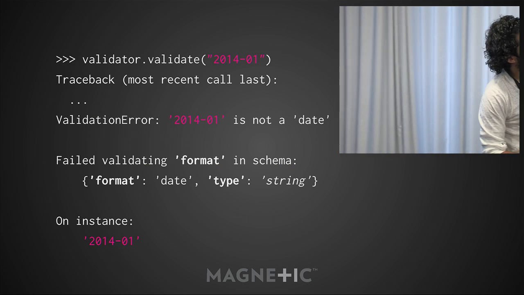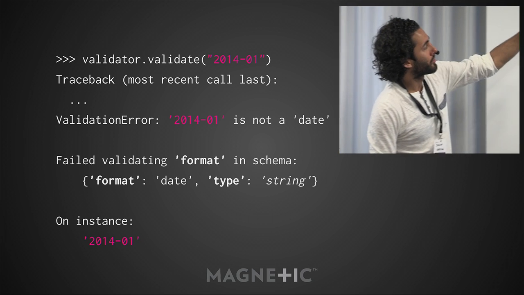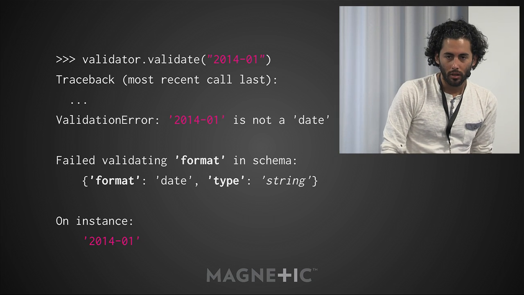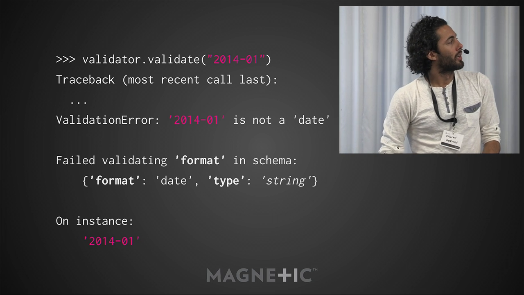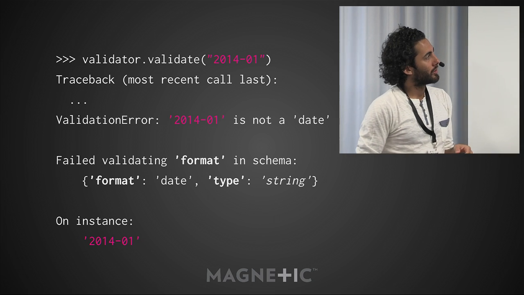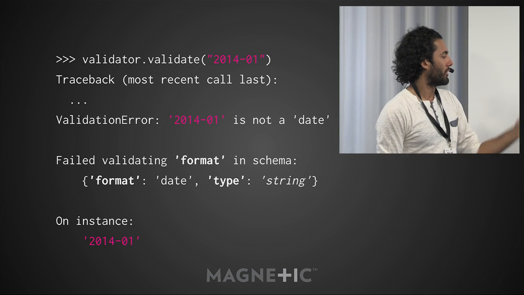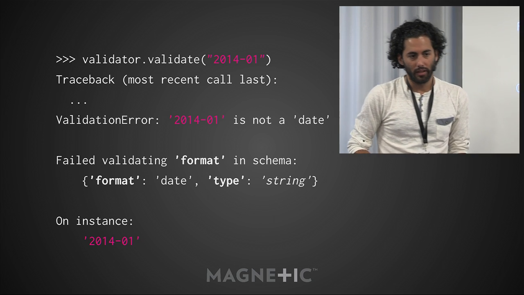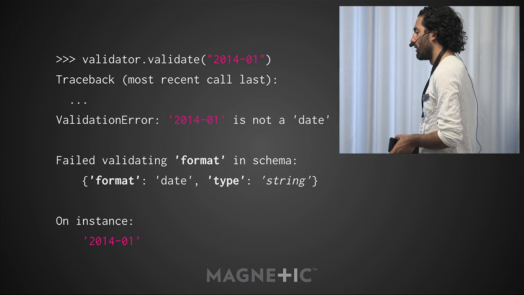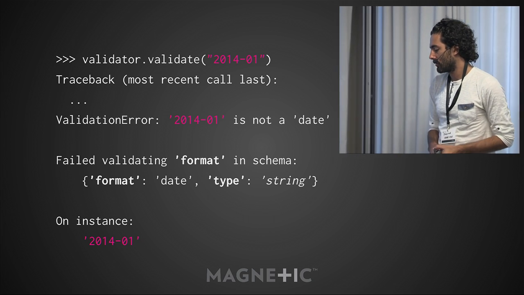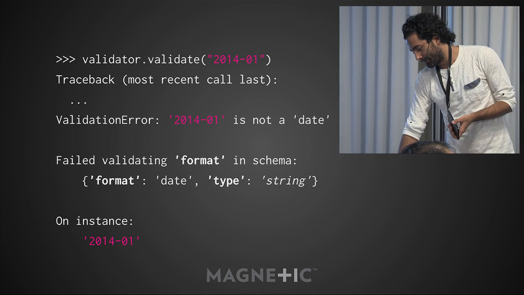And now, again, sorry, it's probably a bit hard to see, but I passed in the string 2014-01, which isn't a complete date. And so now the format checker and the validator therefore complain and say, failed validating format on this instance, it's not a date. So of course, if you added a day to that, this would validate.